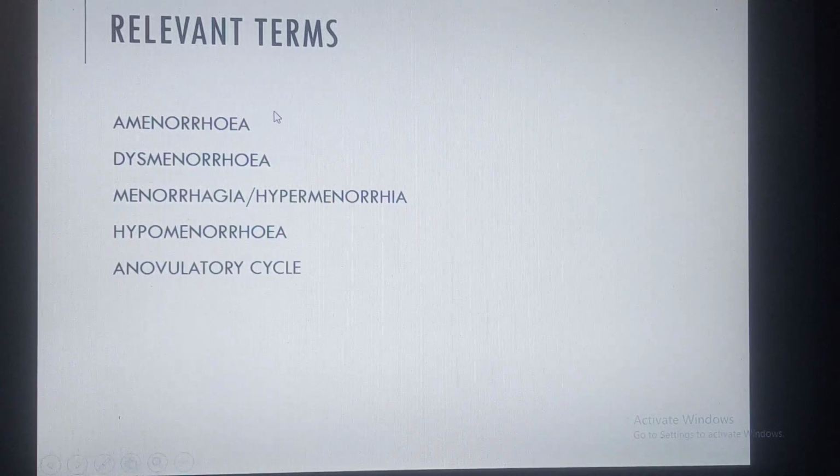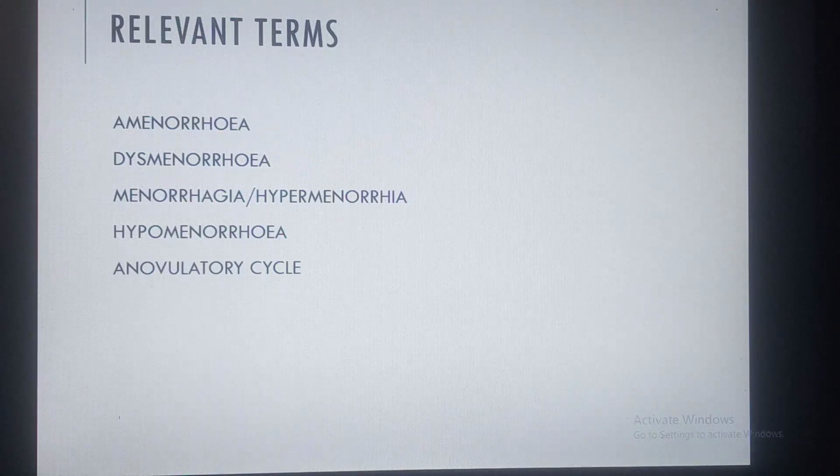There's no preparation of the uterus in anticipation of any possible implantation. And usually if someone goes through a family planning method, then of course the person may not bleed monthly, and that condition we call amenorrhea. Or it could be some kind of chronic disorder which the person is facing.